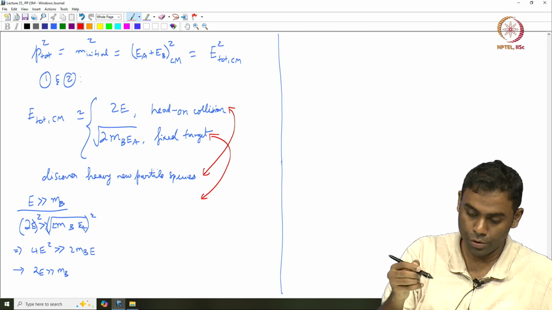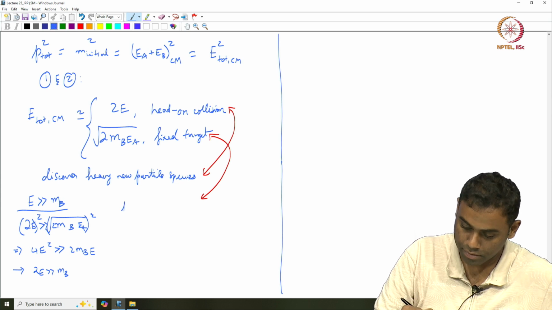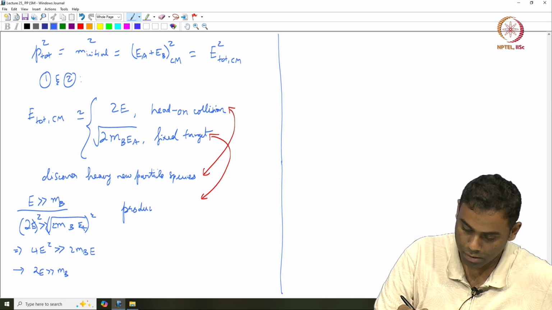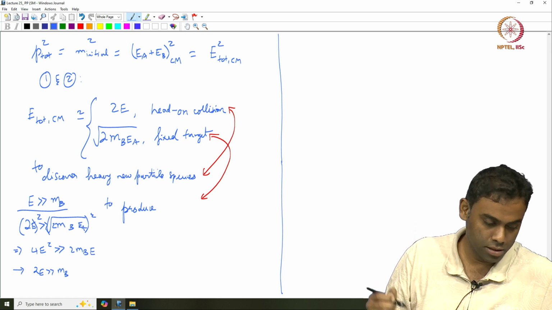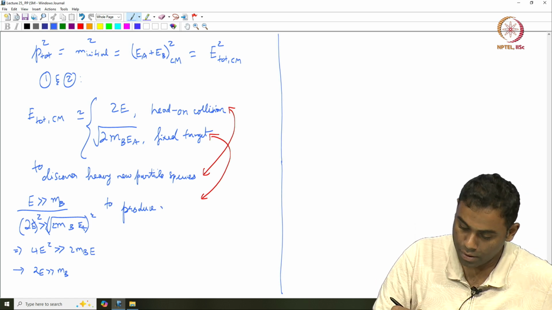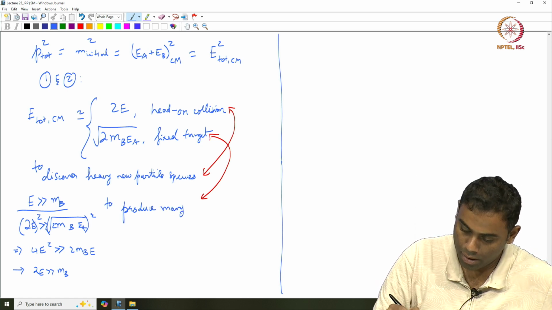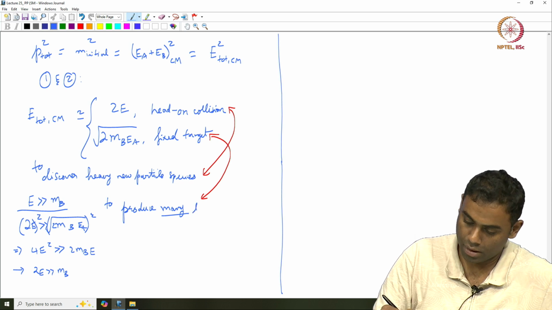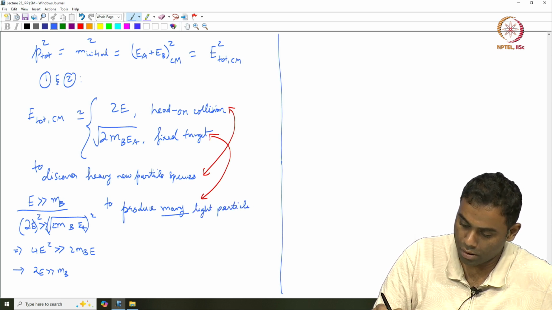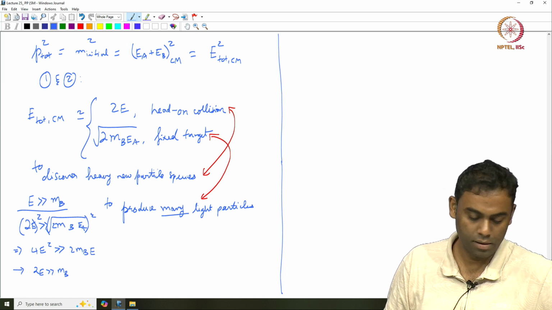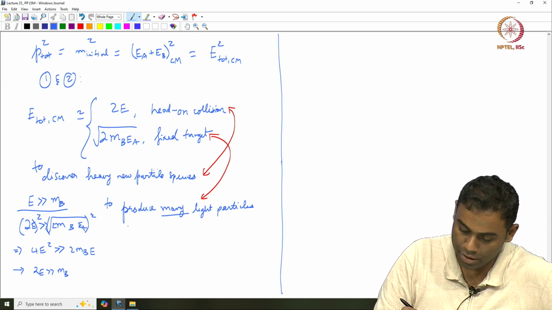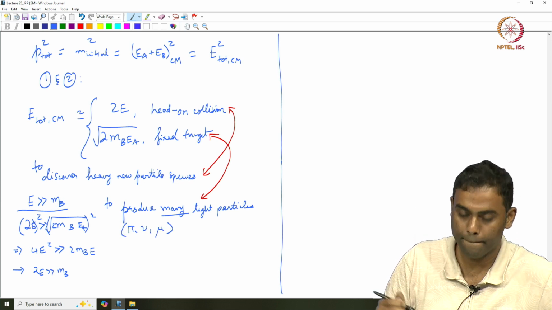That is, if you want to, so this is to discover heavy new particles, this is to produce many light particles, because if you do not care about going to higher energies, okay, by light particles I mean pions, neutrinos, muons and so on.